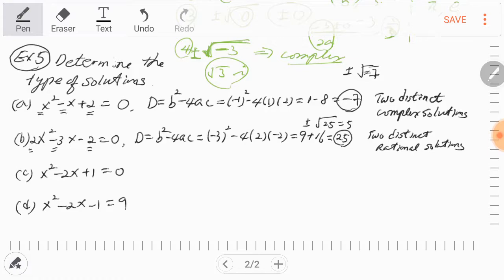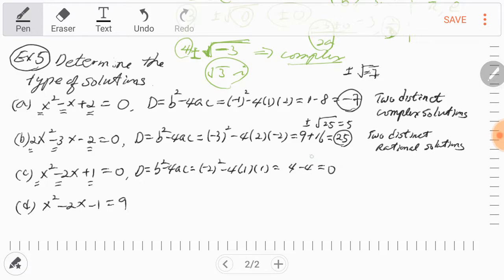Okay, let's do the third one. Let's find the discriminant. A is 1, b is negative 2, c equals 1. So b squared minus 4ac. B is negative 2, so b squared minus 4ac is 4 minus 4, which is equal to 0.